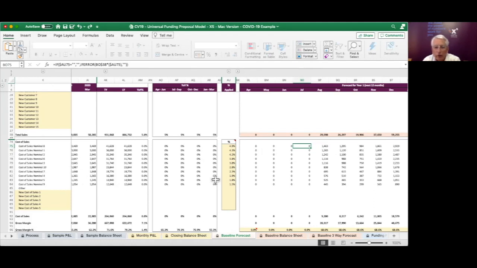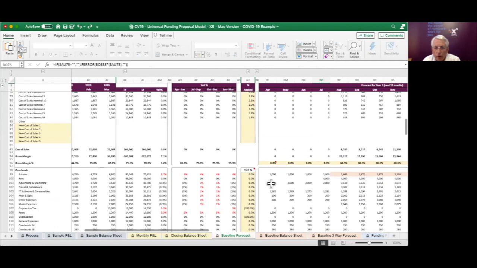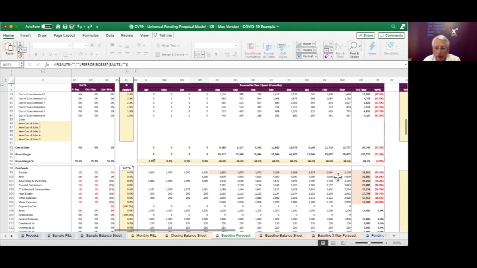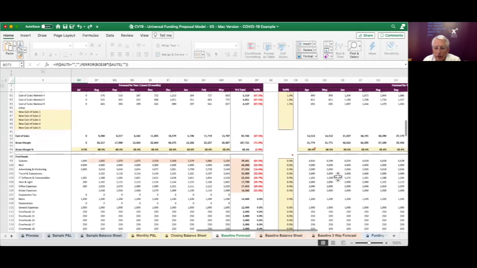That's what you'd have in your figures. Then you'd have your overheads. You'd literally go through and work out your overheads, and put in the figures month by month by month in there.